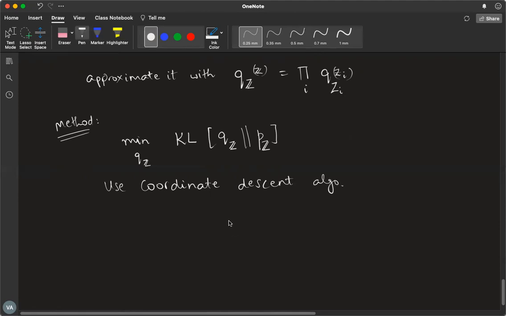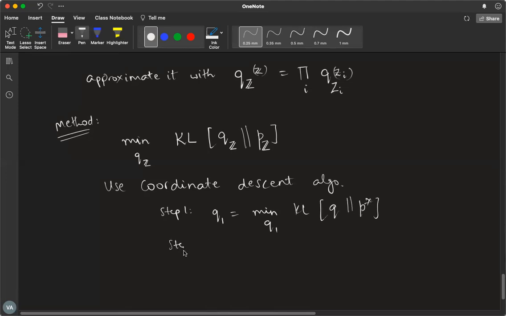So step 1, you say my Q1 is equal to the minimum over Q1 of the KL divergence between Q and P star, right? You minimize only over Q1.